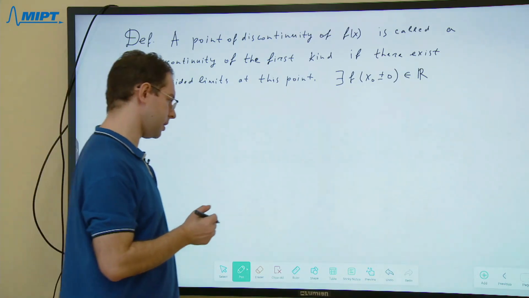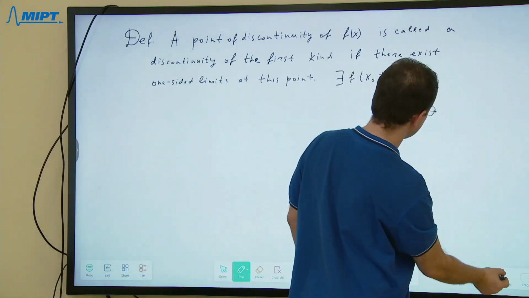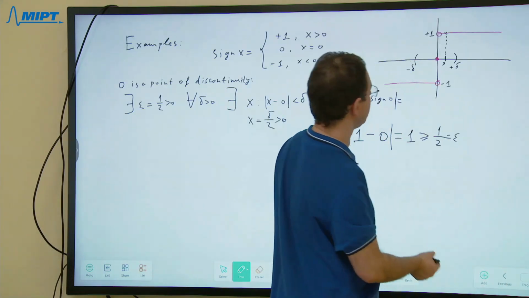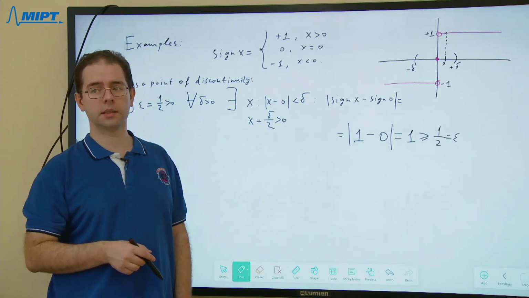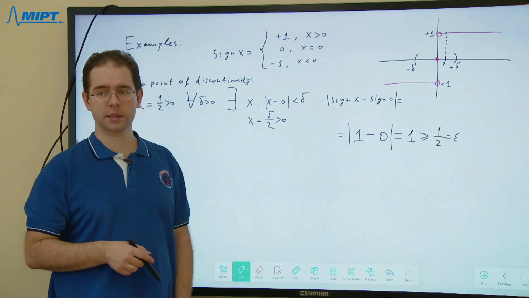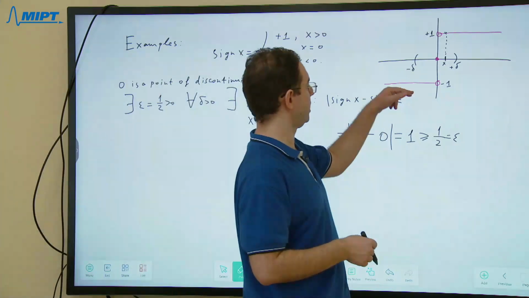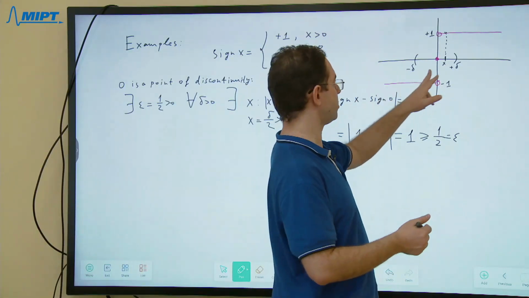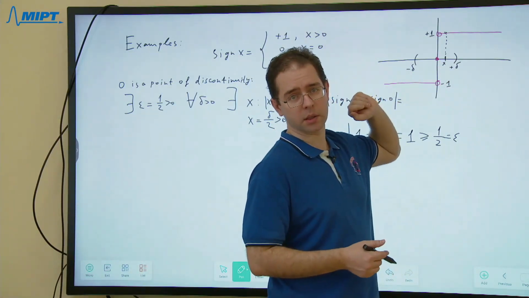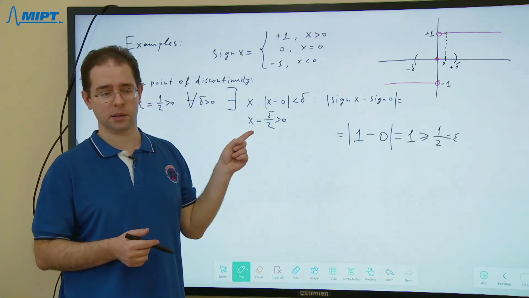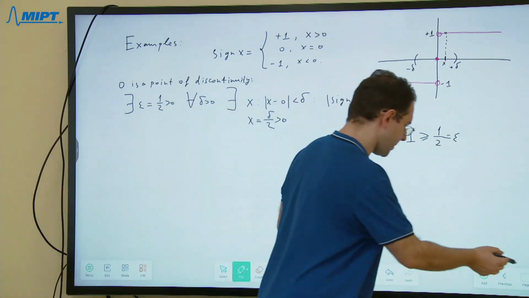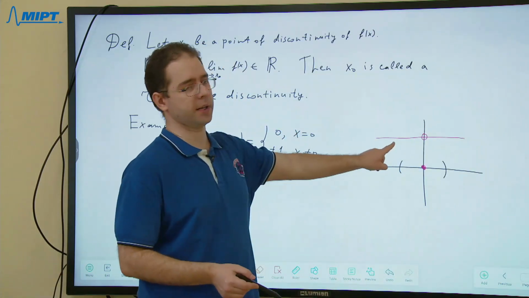Okay, let's look again at this example. You can see that there does exist a one-sided limit, the left one equals minus 1 and the right one equals plus 1. So this is a discontinuity of the first kind. Also, let's look at this function.